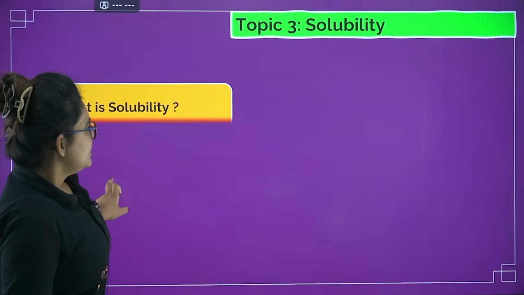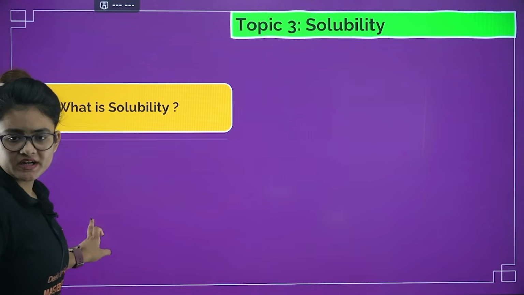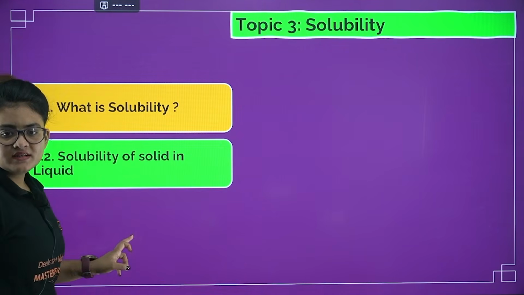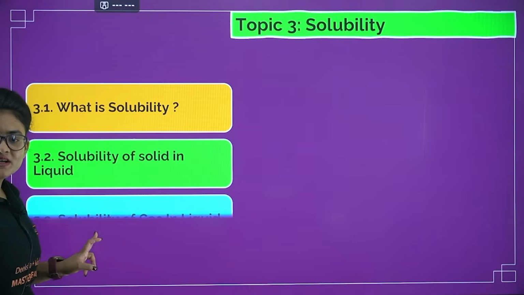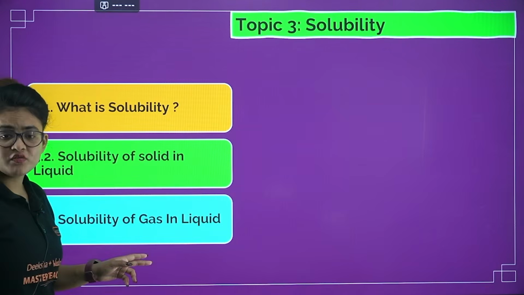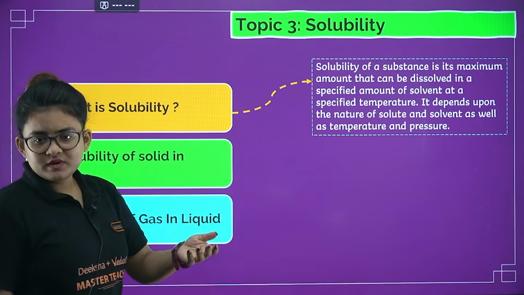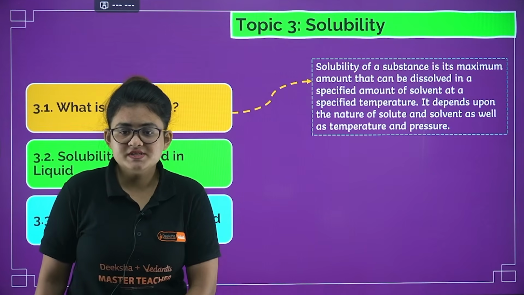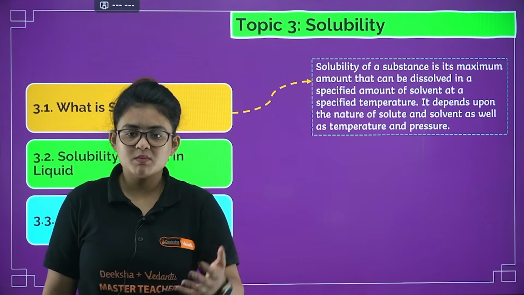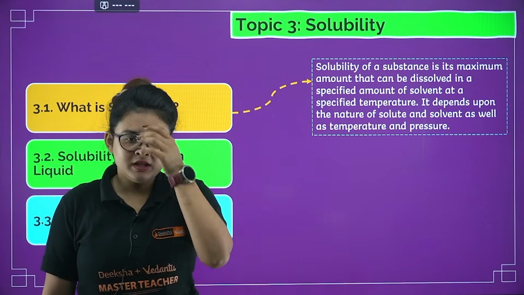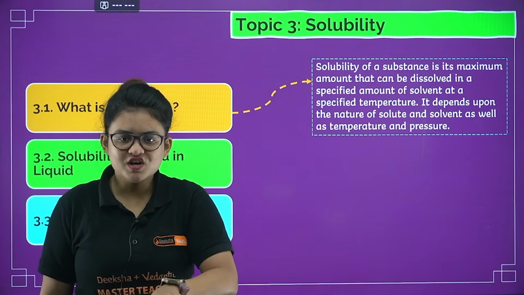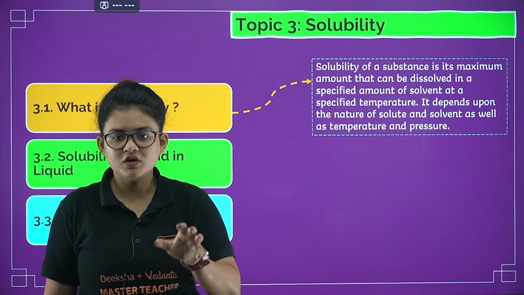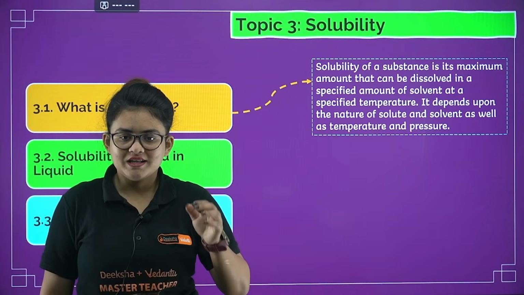So here you can see what is solubility. At first we are going to discuss that, then solubility of solid in liquid, then solubility of gas in liquid. So what is solubility? Solubility of a substance is basically the maximum amount of that particular substance that can be dissolved in a specific amount of solvent. That is called solubility.